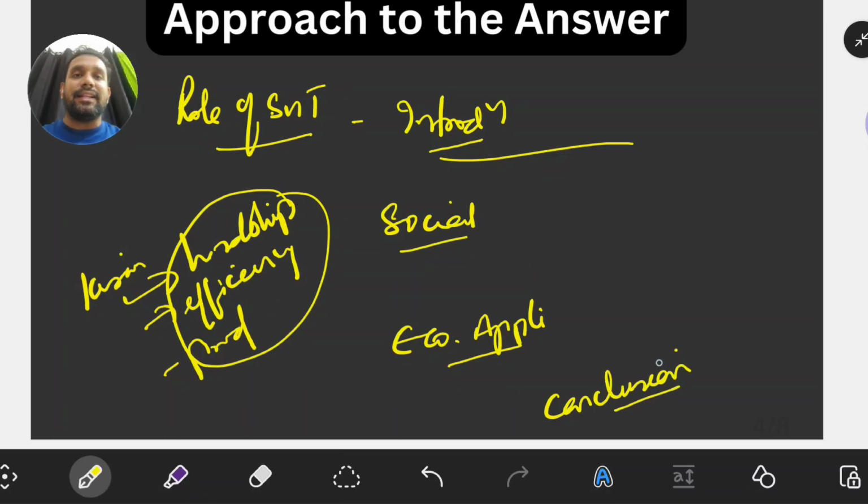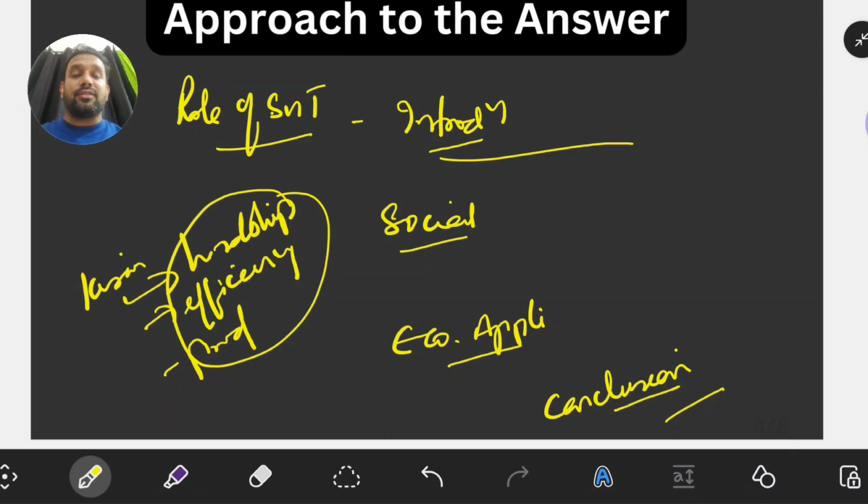Whenever an SNT or IT related question comes, you always need to write that privacy, security and data security aspects are there, and deep fake technologies are there. All these have to be taken care of by a regulatory and stringent mechanism; like that you have to write in the conclusion. SNT is not just positive.